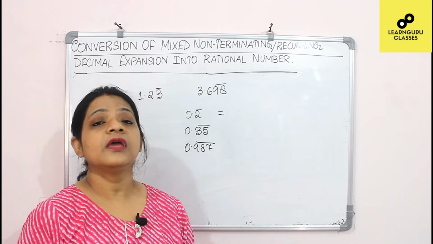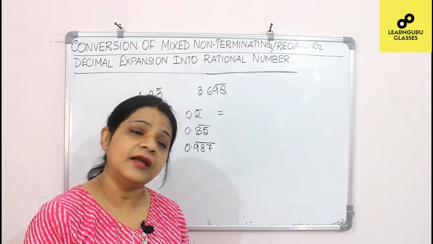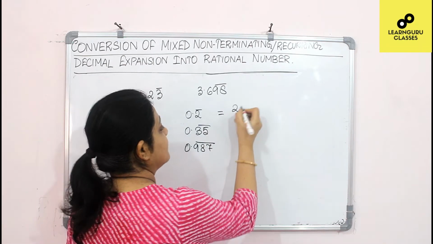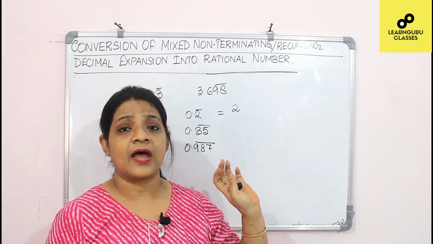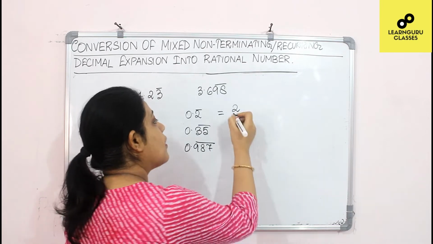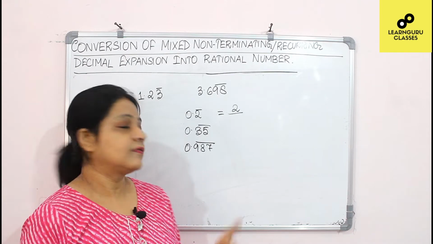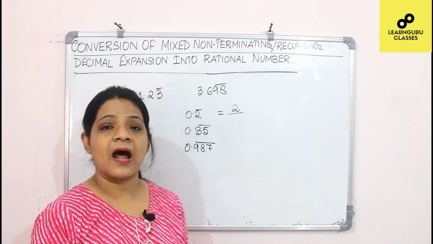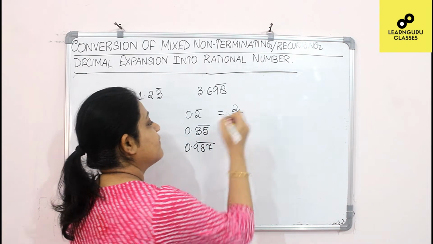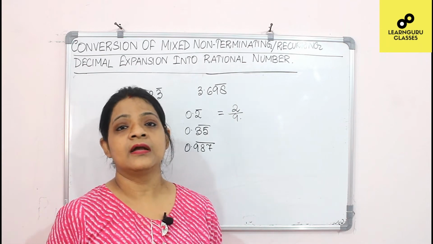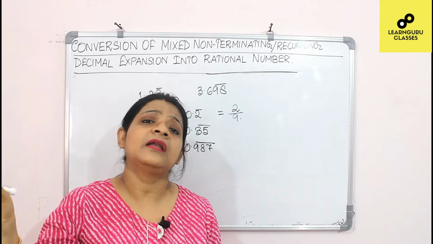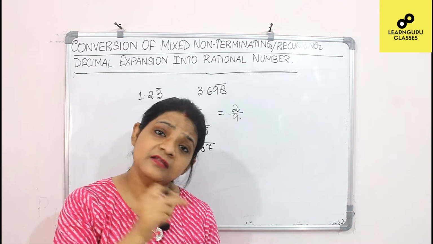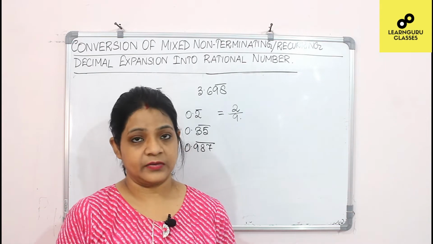In the numerator, you write the number as it is. 2 is under the bar, so you simply write 2. In the denominator, since one digit is under the bar, you write 9. The number of digits under the bar determines how many 9s you write in the denominator.